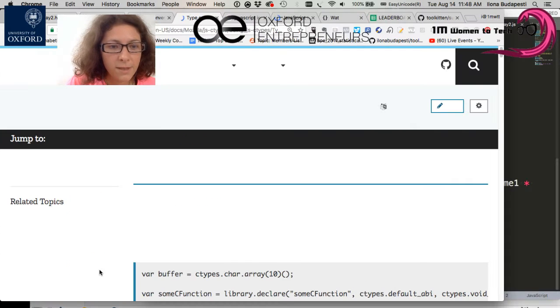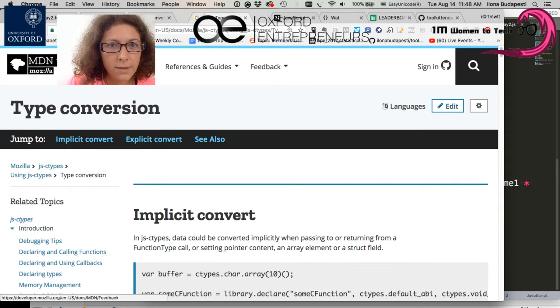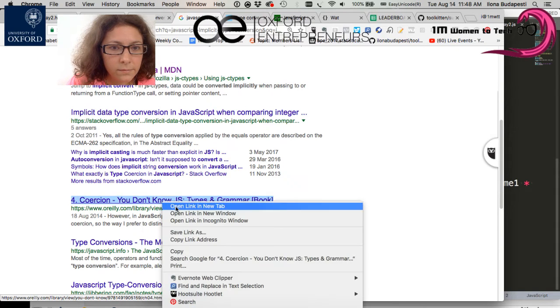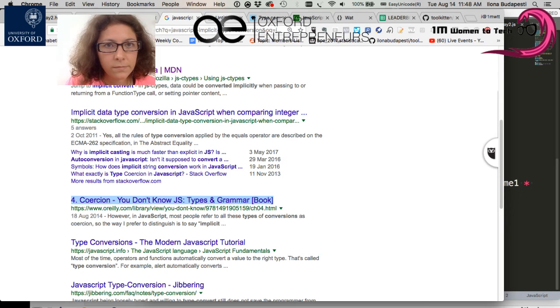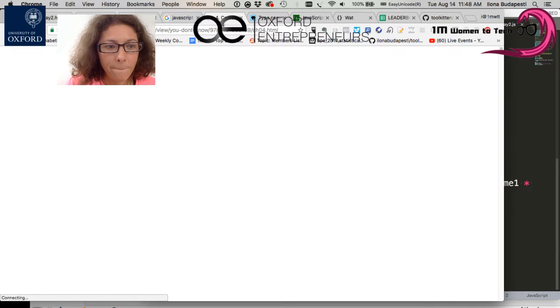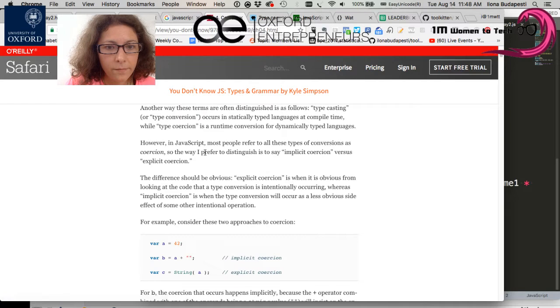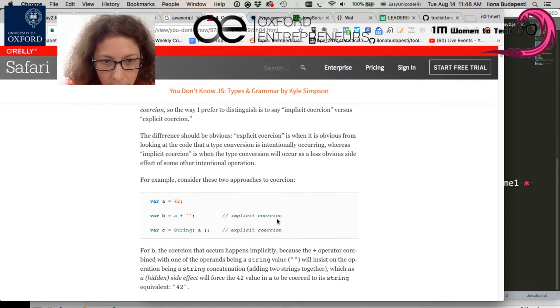As you can see from Stack Overflow, there are lots of questions about this. Implicit coercion or type conversion.